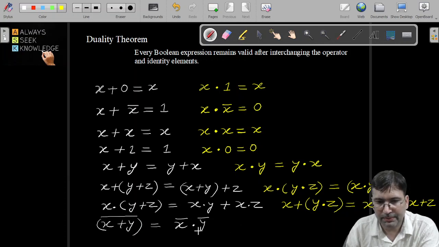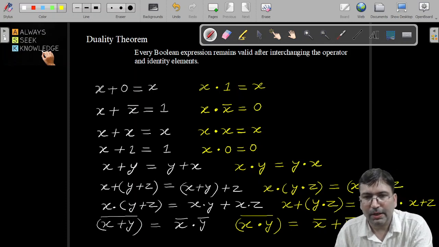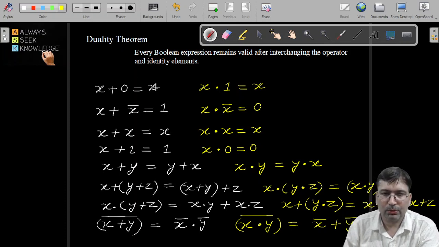It will be like this: x will be the same, instead of or it will be dot, y is the same, and the bar will also be the same, right? And it will be equivalent to x bar, and instead of this dot there will be or, and this is also valid, right?